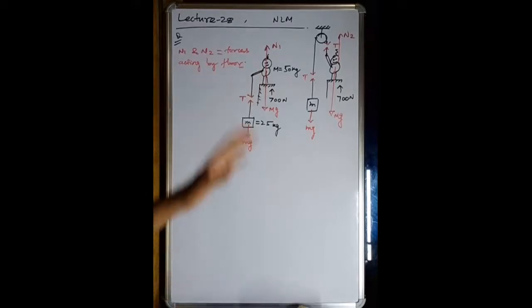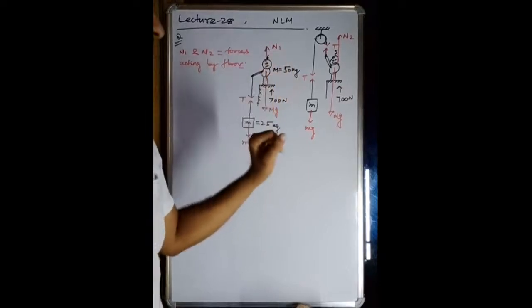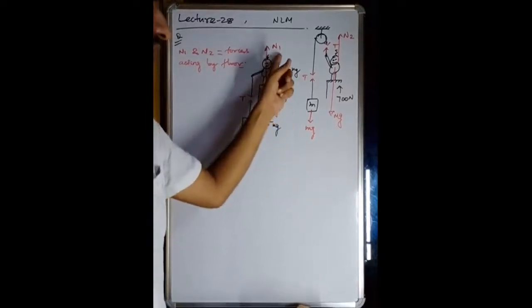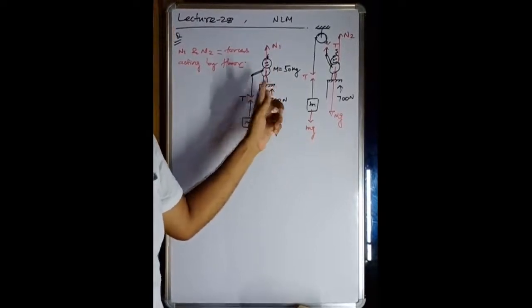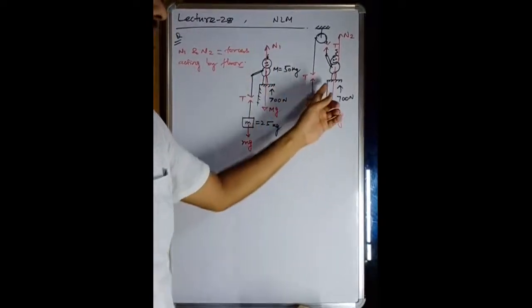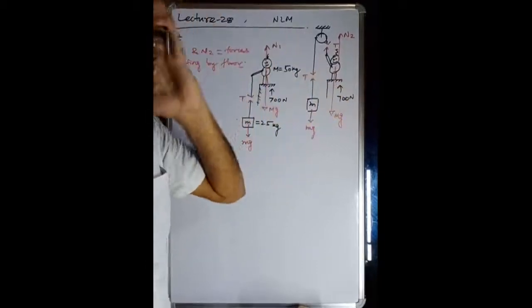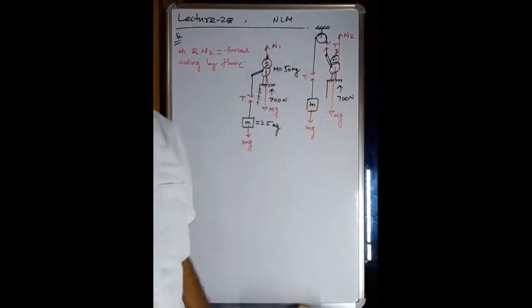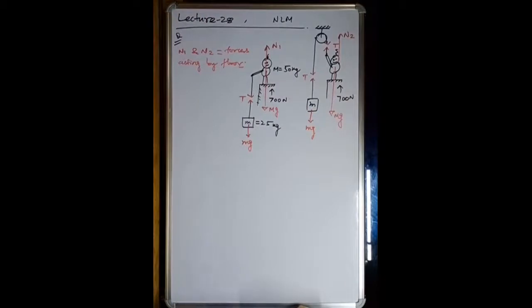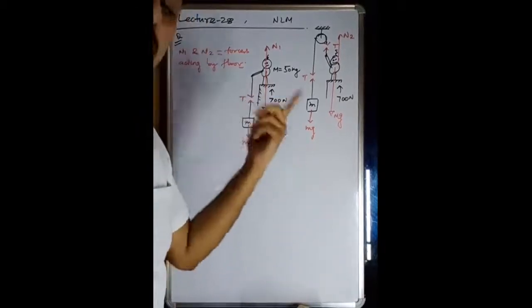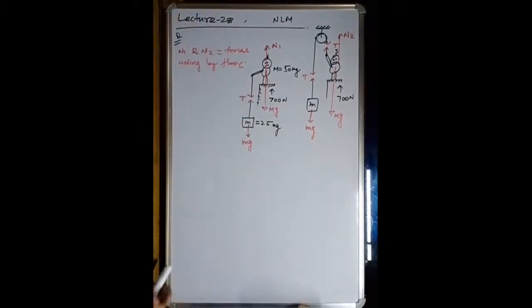If this N1 is greater than 700, remember, if it is greater than 700, then this floor will break off. If N2 is greater than 700, then again this floor will break off. We are going to find which one is the correct method to pull this block, or both are incorrect, or both are correct. Okay, so let me solve.